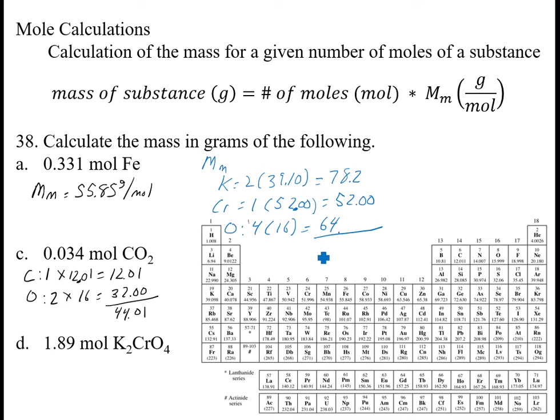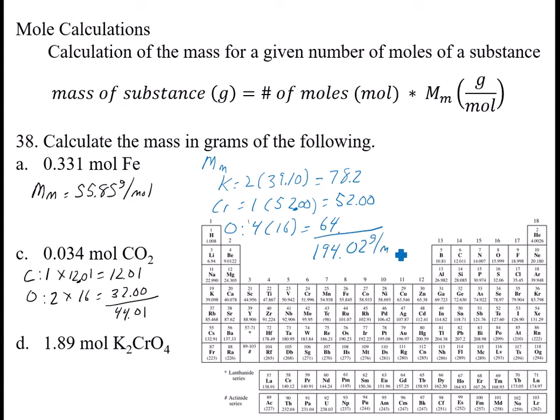Oh, wait a minute. Doing the wrong one. No. Yeah. It's 366. That does not seem right. K2CrO4. Oh, I'm sorry. It is 194. I did pre-calculate all these. I just don't know where I wrote it.